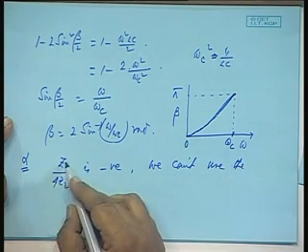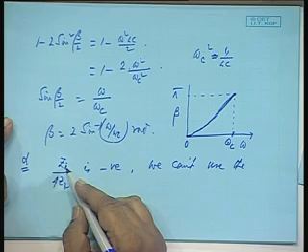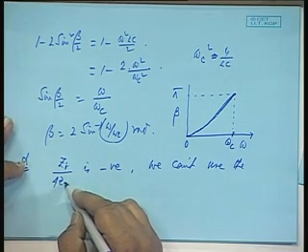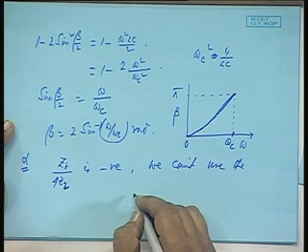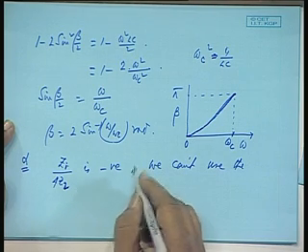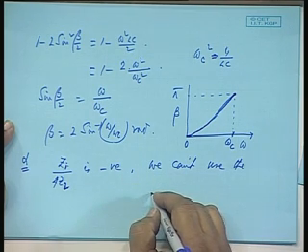We are taking two opposite elements, inductance and capacitance. So, Z1 by Z2 is negative. So, we can't use the first condition and we have to take beta equal to 0.